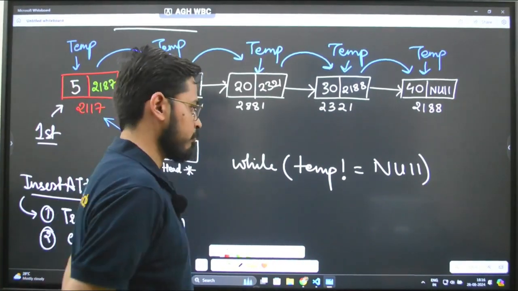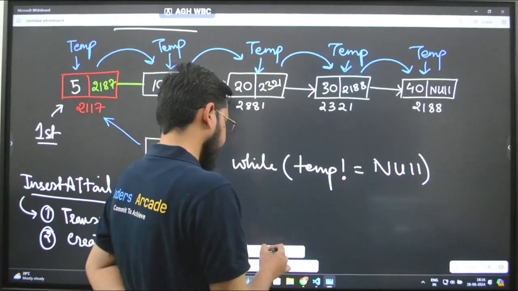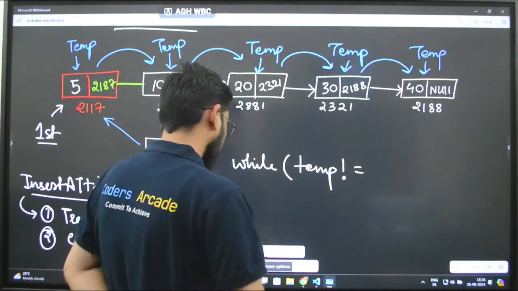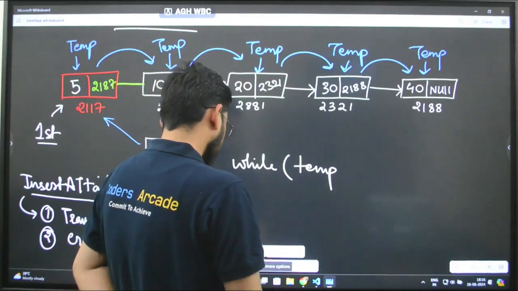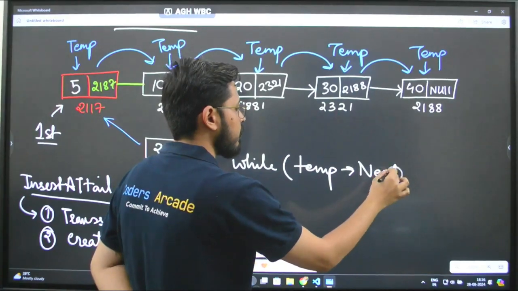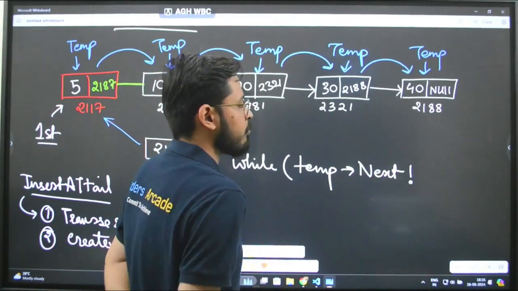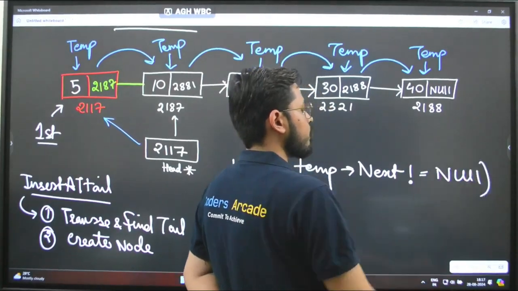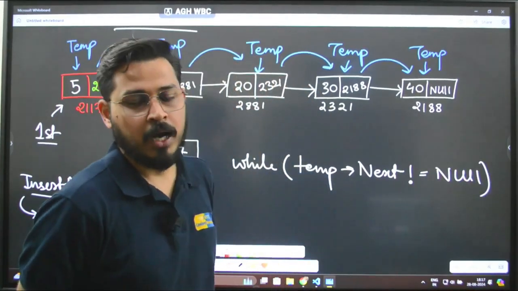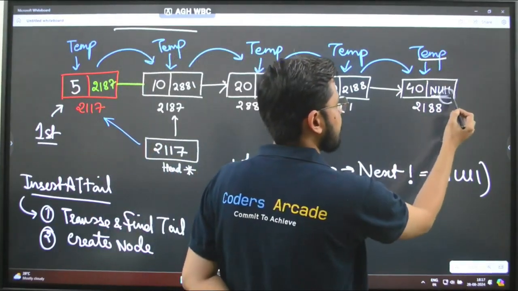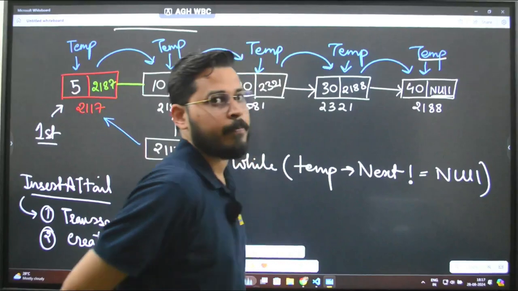But in here, I will not do this. I will say till temp of next doesn't become equals to null. I specifically need my temp to reach this null. Understood?